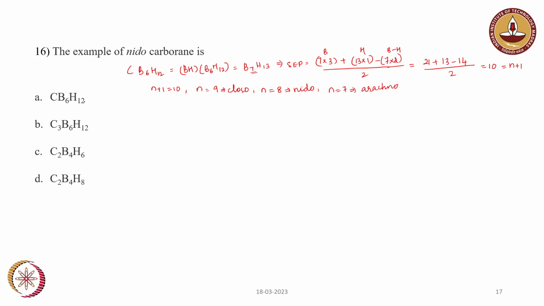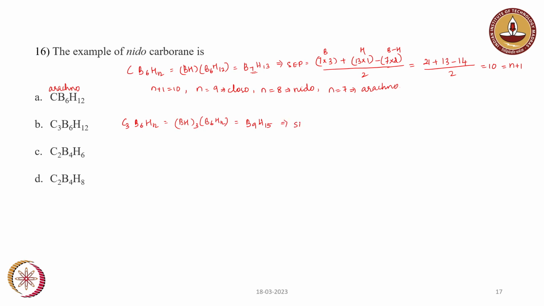So this one is arachno borane. And next one is C3B6H12. So BH thrice and B6H12, which is equal to B9H15.